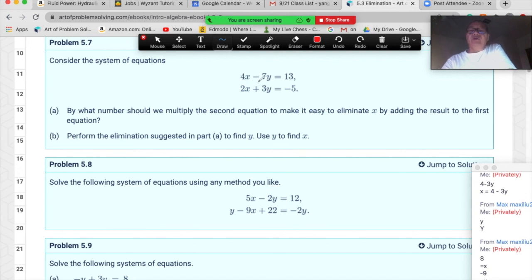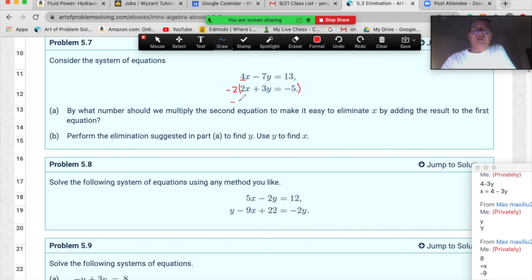Then use elimination. But we cannot see immediately which variable cancels out when added together. If we do a little bit of work, this one's 4, this one's 2. If both sides are multiplied by 2, or by negative 2, see what we get here.